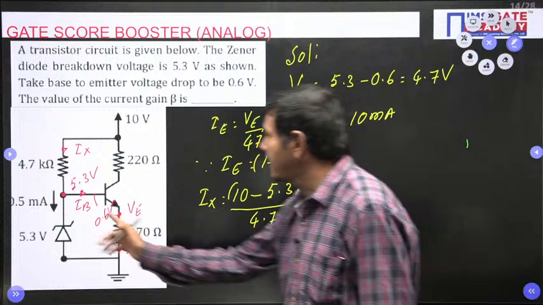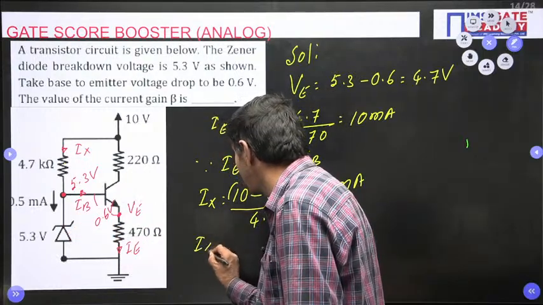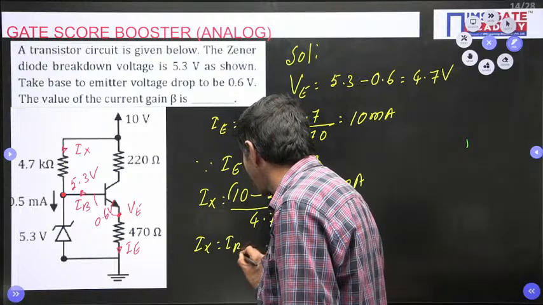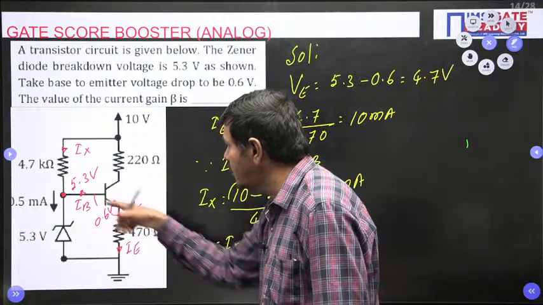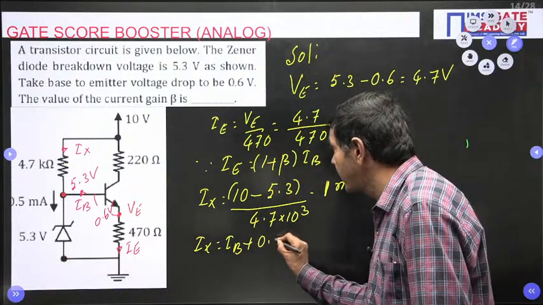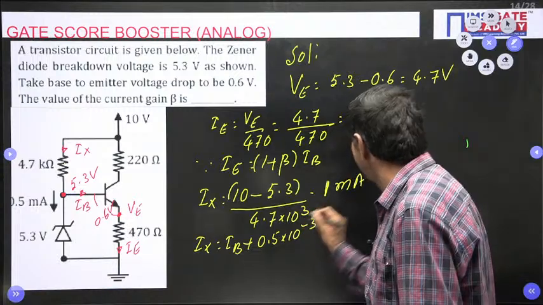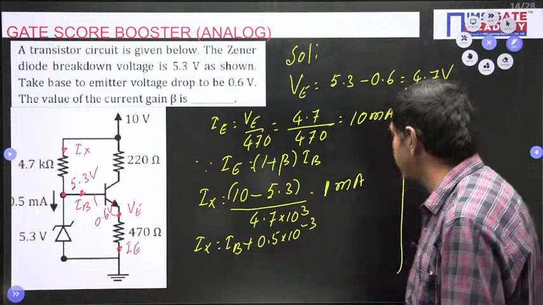Yes, we got it. What is IB? I can write IX equals IB plus the current passing through the Zener. These two added together are nothing but IX. So plus 0.5 milli, but I wish to find the base current.